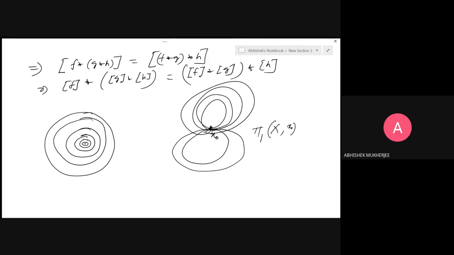That is, suppose you are considering a closed path, a loop based at some point x naught. Because all the continuous paths sink to a point, it will come to the constant map at x naught.